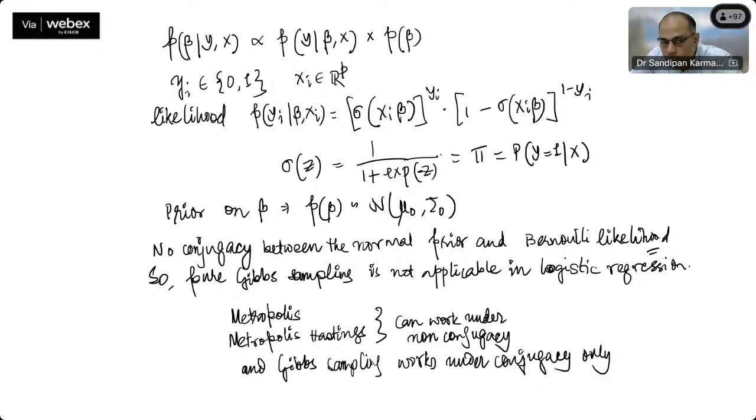So Metropolis or Metropolis Hastings can work under non-conjugacy, but not efficient, or effective, I should say, in high dimensional situations. We'll be implementing this Metropolis Hastings right now.